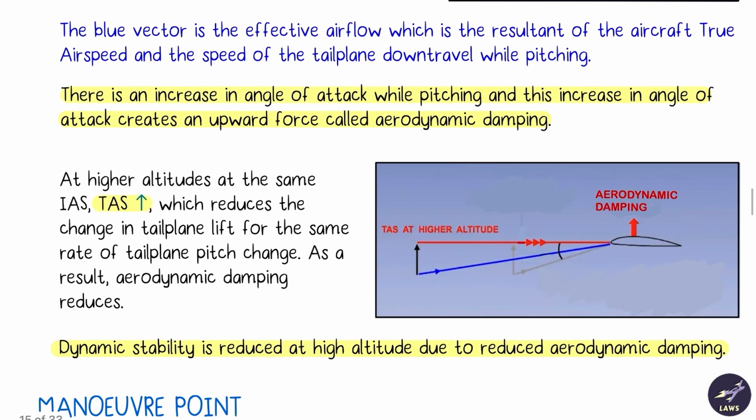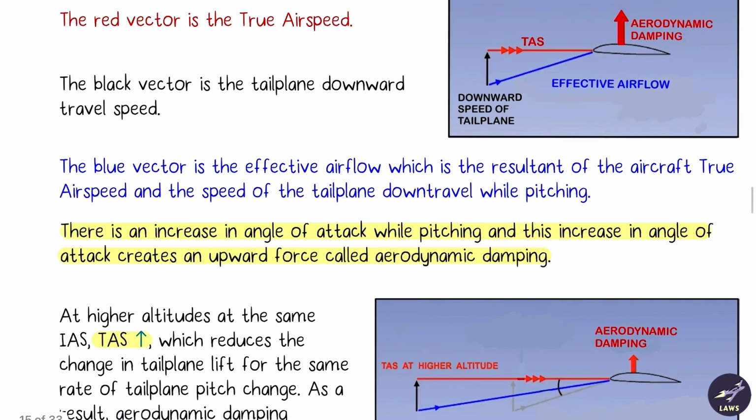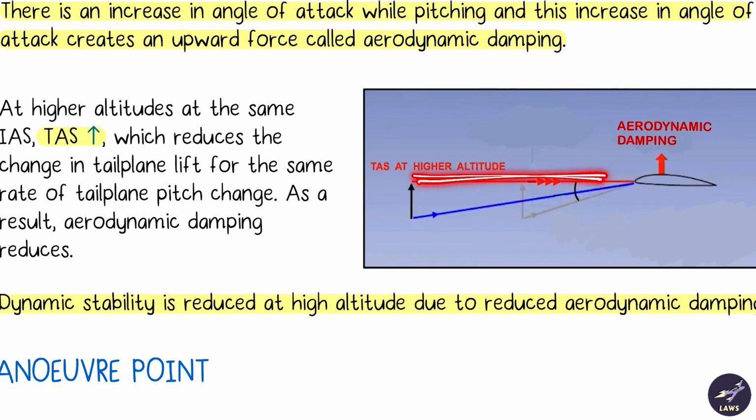This is the case at lower altitudes. At higher altitudes, TAS will increase, because IAS depends on density and TAS. If density reduces as we go up, TAS will increase. So TAS is higher, and this is the downward movement of your tailplane, and this is the effective airflow.